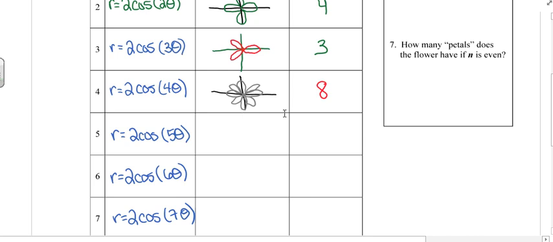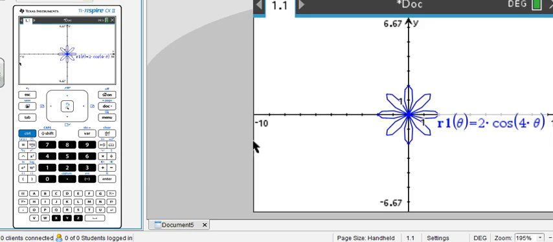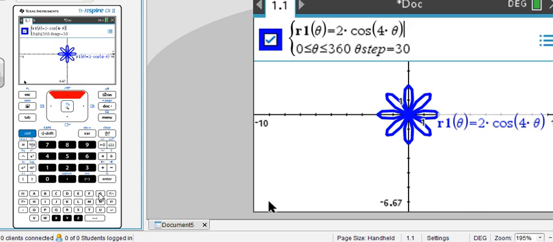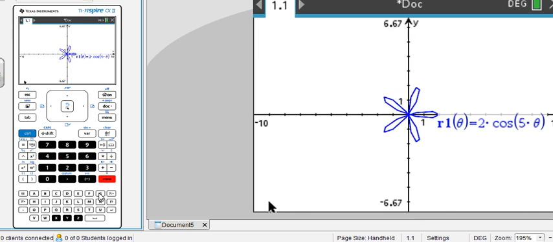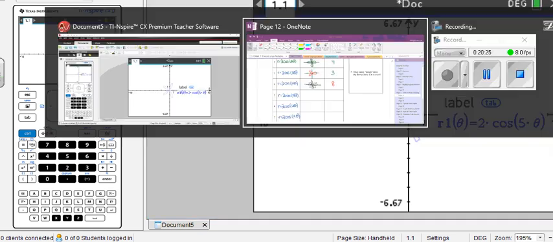All right, my next one is r equals 2 times cosine of 5 theta. Anybody want to make a prediction about how many petals you think you're going to see before I hit enter? All right, if your prediction was 5, you are spot on. And again, notice that first petal lies on that polar axis.